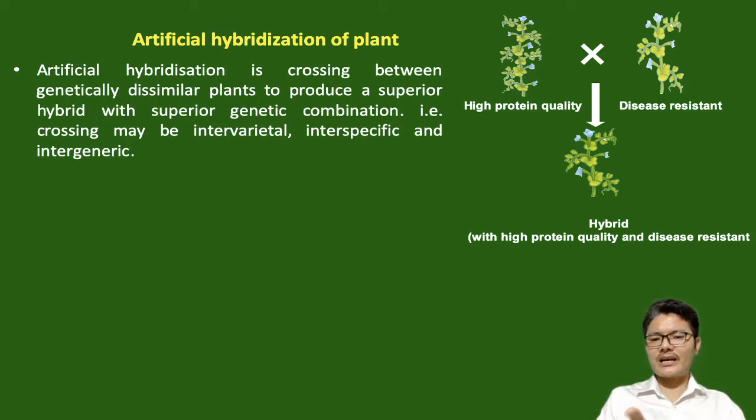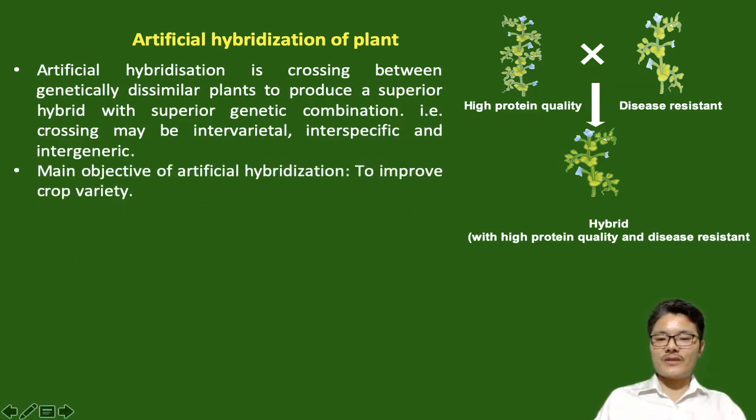So in this way, by selecting two superior parent plants, there is production of a hybrid plant which has superior genetic combination and better quality and quantity production of food and seed. That is what artificial hybridization of plant is. So the main objective here is mainly improving the crop variety.